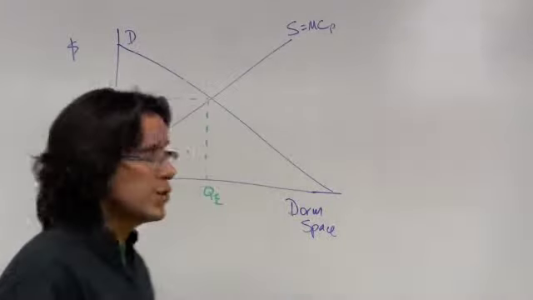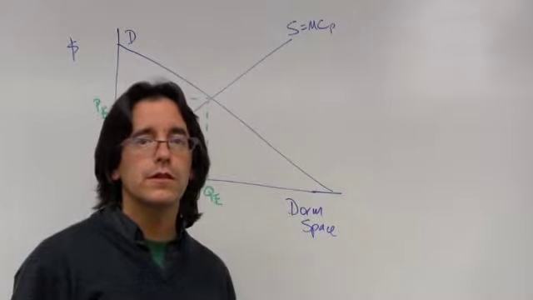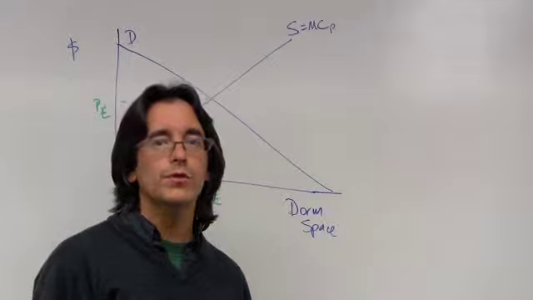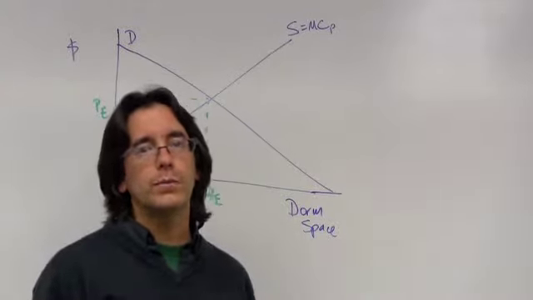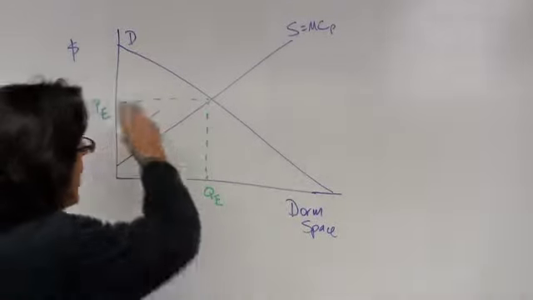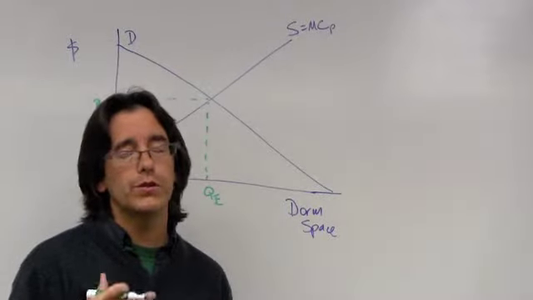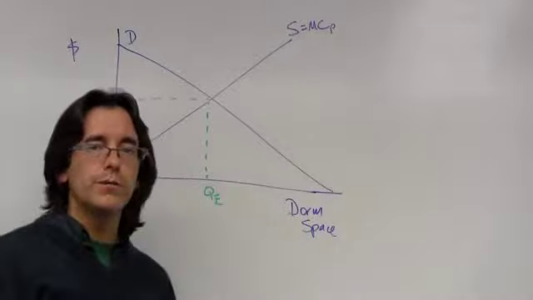The university could generate more dorm space, but the problem is it gets more and more expensive to generate more dorms, and they would need a higher price to provide that dorm space. But as the price goes up, there's less demand for that dorm space from students. Again, this is the idea of equilibrium: the market clears.